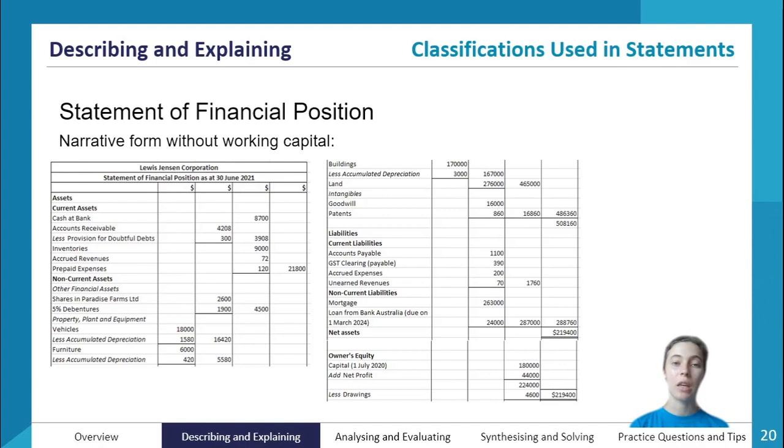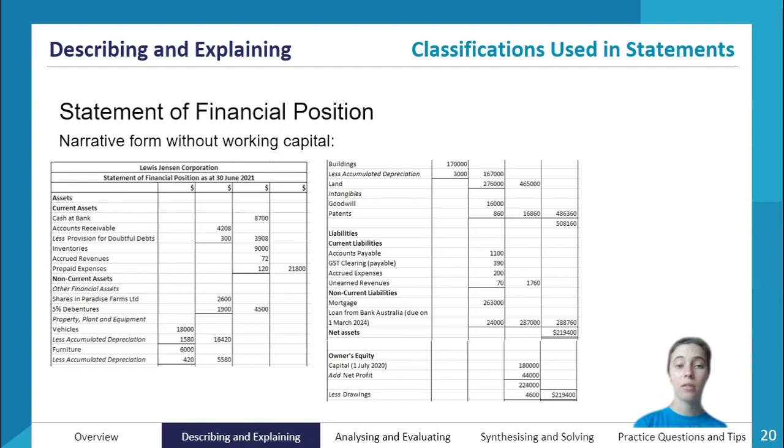We'll see the comparison to the account form shortly, where it's more horizontally based. So without working capital involves having all of your assets listed first, current assets, and then non-current assets. And then liabilities are separate with current and then non-current before you have the owner's equity at the end.